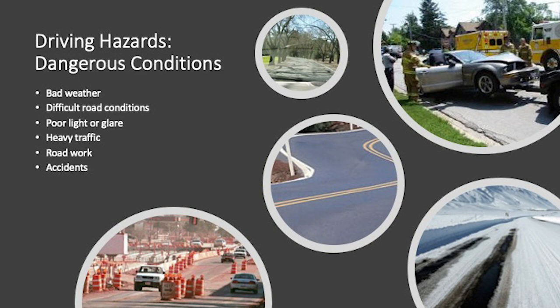Turn your lights on. Many states require that while driving in the rain, you have your lights already on, especially if you don't have daytime running lights. Turn your lights on when the weather gets bad. That way other vehicles can see you. So if something happens to you or they're not paying attention, you are much more visible to them and less likely to be a hazard to them also.